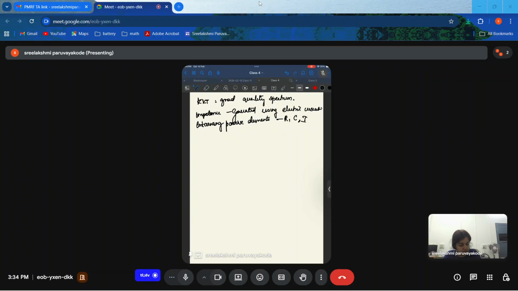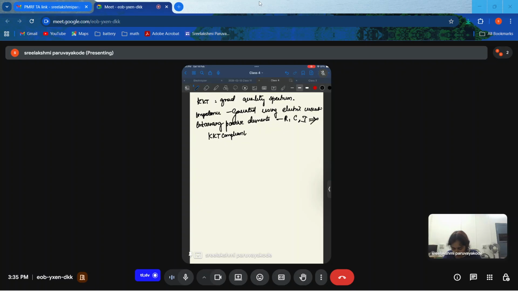In the case where we use resistor, capacitor, inductor to fit any experimental EIS data, then we say that the system is KKT compliant.